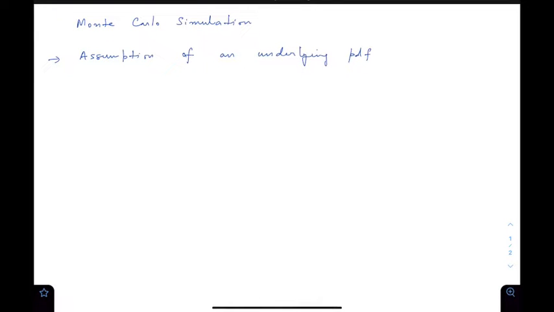Which may then get modified by the response function of the experimental apparatus.